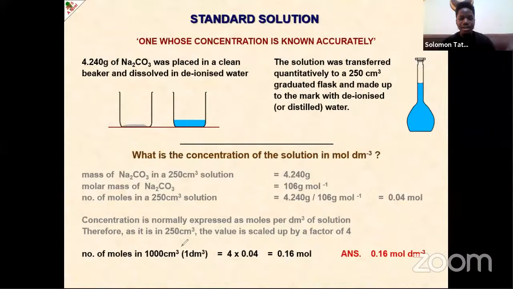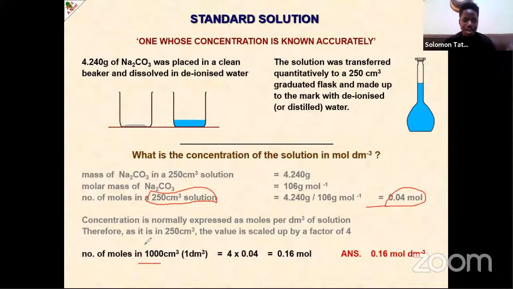This is like getting 1,000 divided by 250 cubic centimeters, multiplied by 0.04, meaning that we found the moles in 250 cubic centimeters to be this. So you can start by saying 250 cubic centimeters contain these moles, and then what about 1,000?